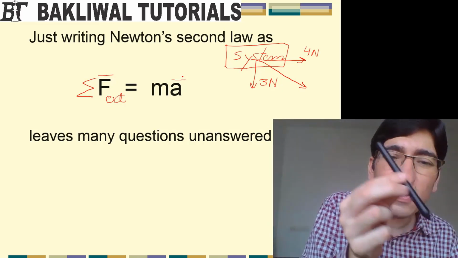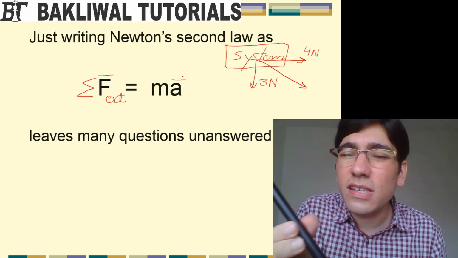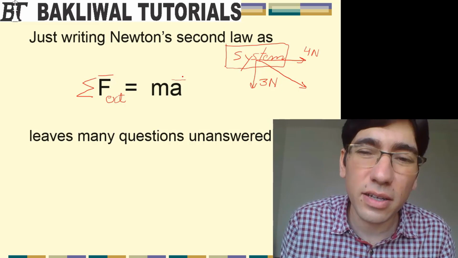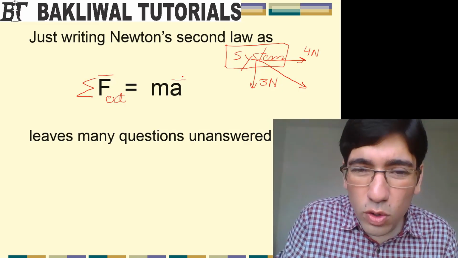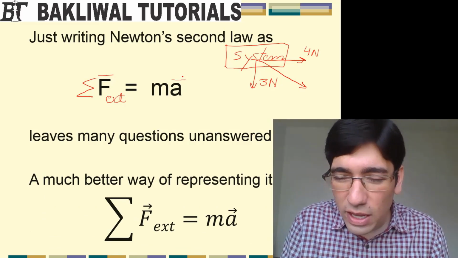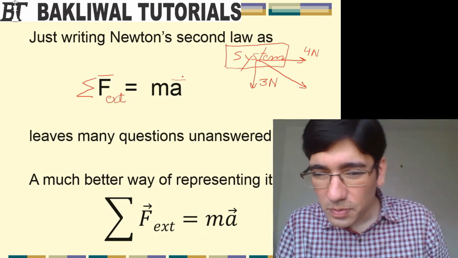If that is the case, then this stylus can be taken as the system while applying sigma F external equal to ma vector. So we better represent this as sigma F external equal to ma vector.